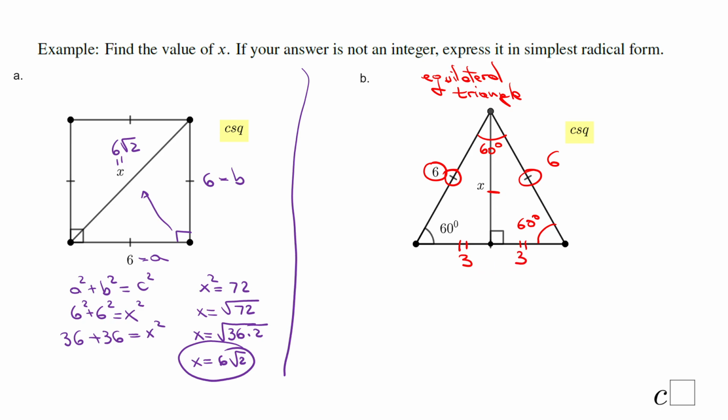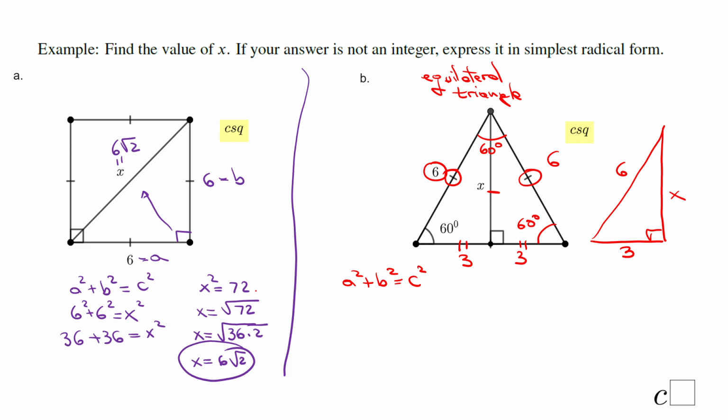So now I know I have a lot of things on the picture there. I can make it simpler now. And I can find x, because this is 3, this is 6, and I can find this x by using a squared plus b squared equals c squared. So again, Pythagorean Theorem.